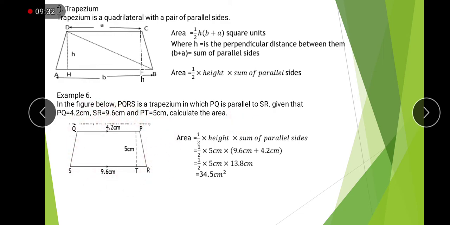The area will be given by half times height times sum of parallel sides. Now just add 9.6 and 4.2, and then multiply by 5 and by a half. You get a half times 5 times 13.8. The answer you get will be 34.5 square centimeter.